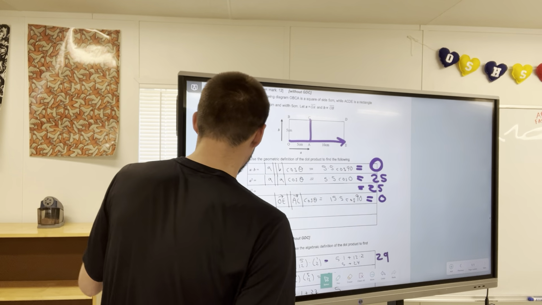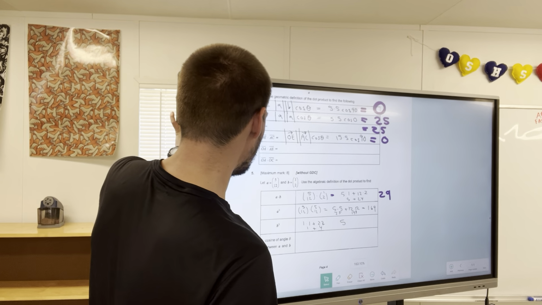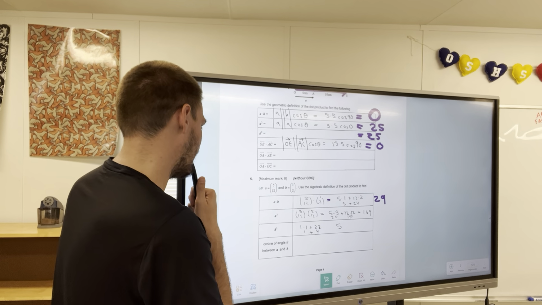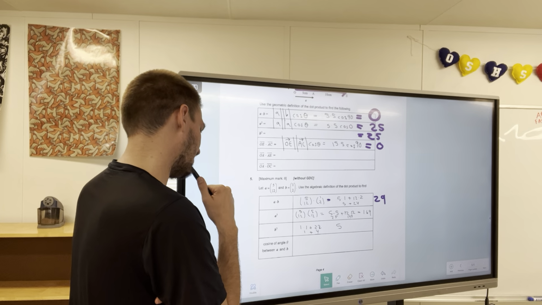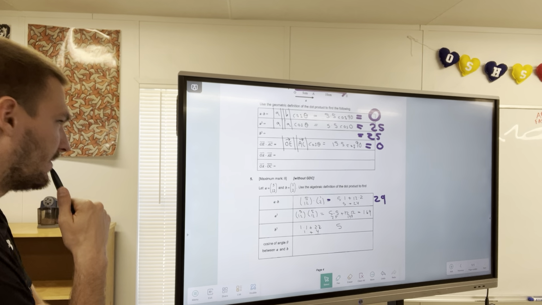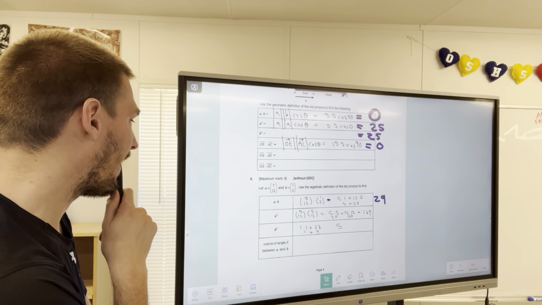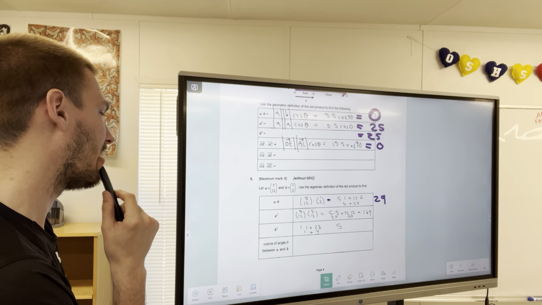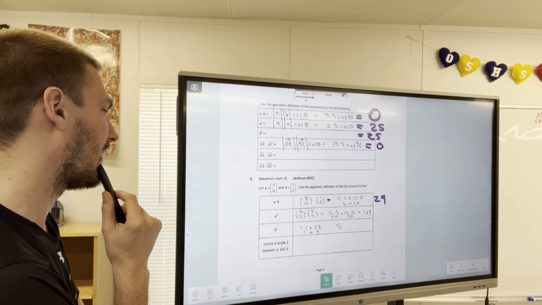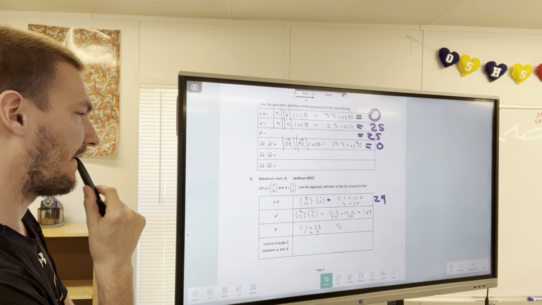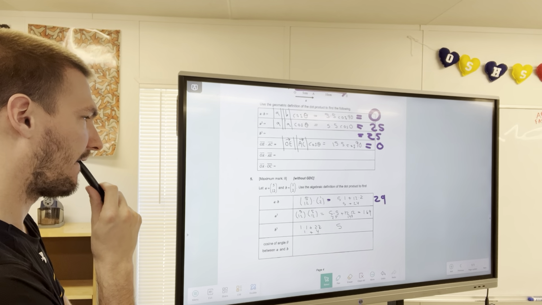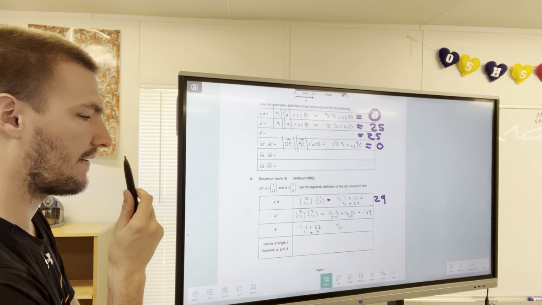All right, now let's go to the bottom. At the bottom here, it asks us for the cosine of angle theta between A and B. Any ideas?